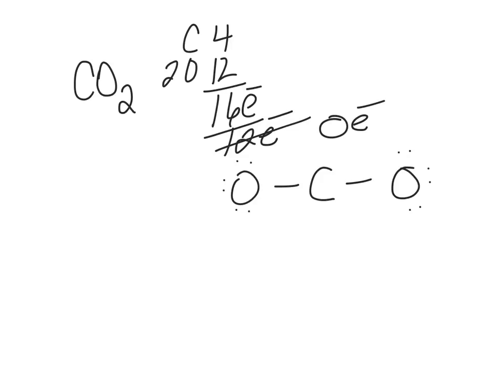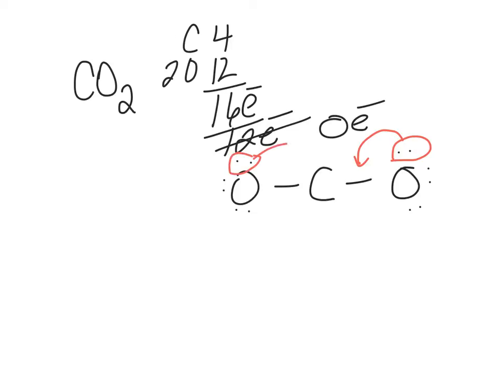Zach? Do a double bond, yes. What you do if you're short, this is the next step in your instructions. Number 7, if the central atom does not have a full octet, convert 1 or more pairs to a double or triple bond. So, if I take these, move them between the 2, that gives carbon 6.